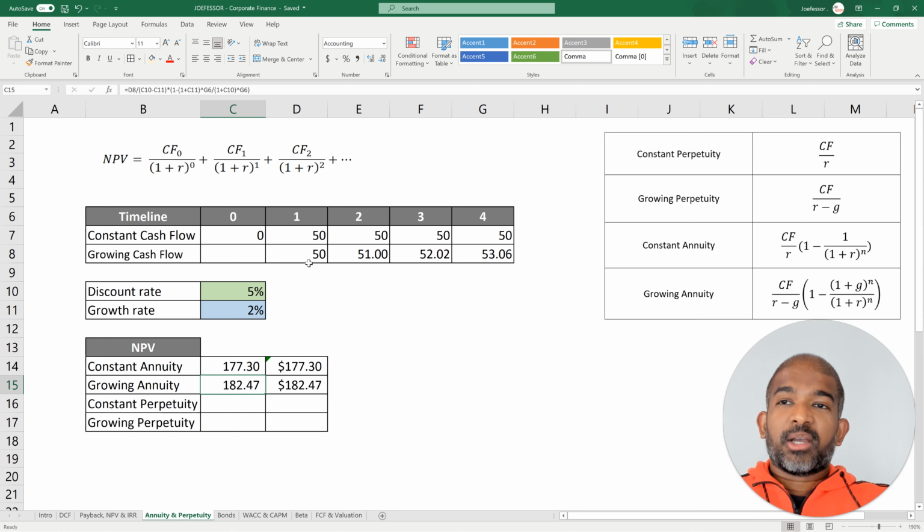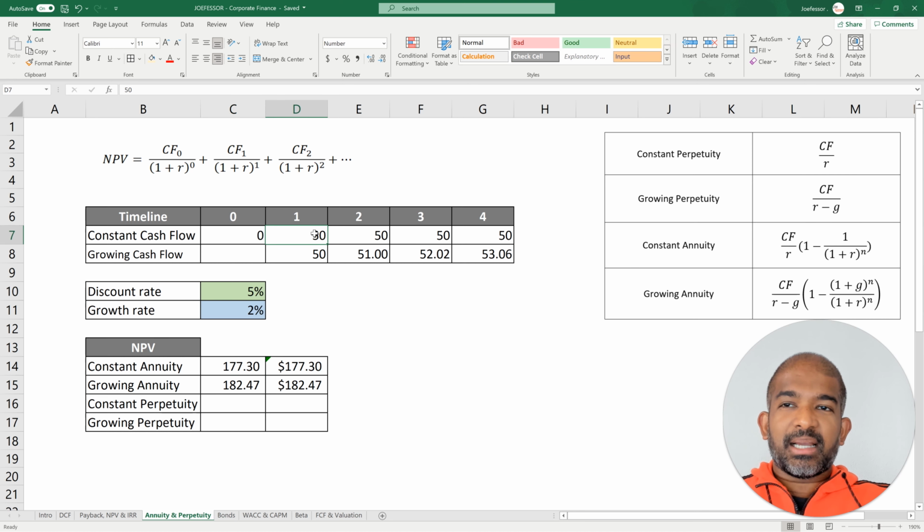We're going to see later in this video how we adapt this formula if the cash flows start at some other point in time, let's say 3 years or 5 years down the line, or they start right now.